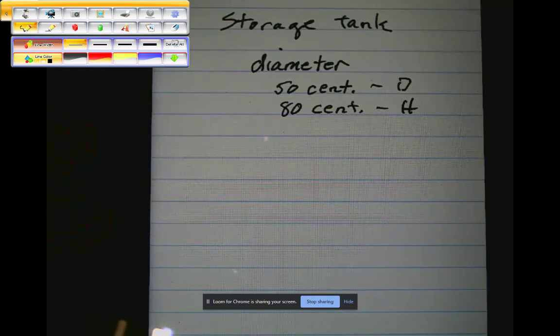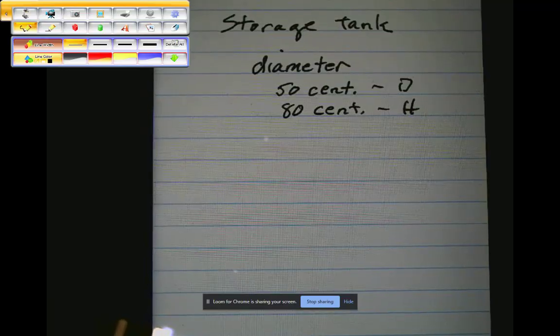I would figure out, first of all, how do I figure out what the volume of a cylinder is? Well, think about it.